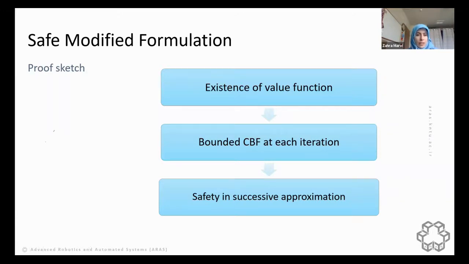I just give a sketch of the proof: assuming we have some value function, if we go through that successive approximation, what happens with our barrier function? It will be shown that the barrier function remains bounded at each iteration. And using that, we say, therefore, we can have safety in successive approximation.